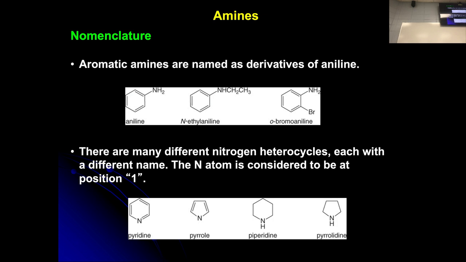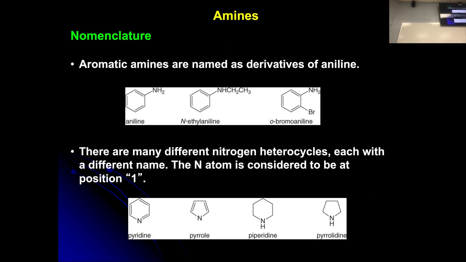Right now, if I told you to draw me ethyl aniline, where do you think some of you would draw the ethyl group? You might draw it on the ring, right? And some of you might draw it on the nitrogen. And both of you would have put an ethyl group on aniline. The N tells us what atom the ethyl group is on.